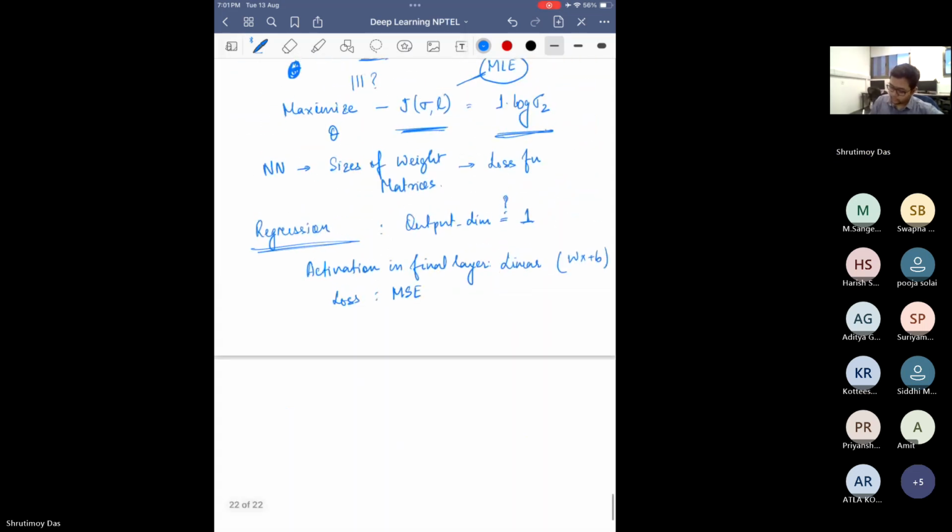Now, we have defined the loss. So what is the next step? I give you some data. You train your favorite neural network on the data and you get some output. Once you get the output, you calculate your loss. Now what should be the next step?